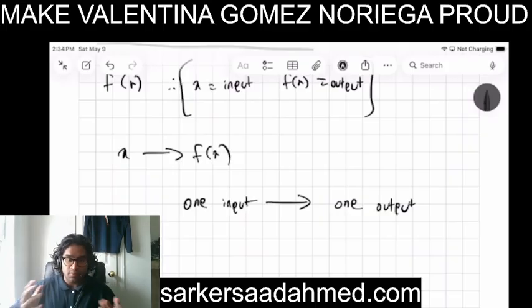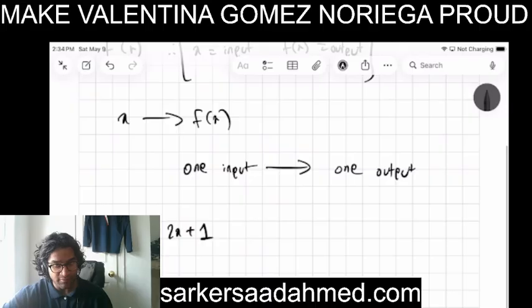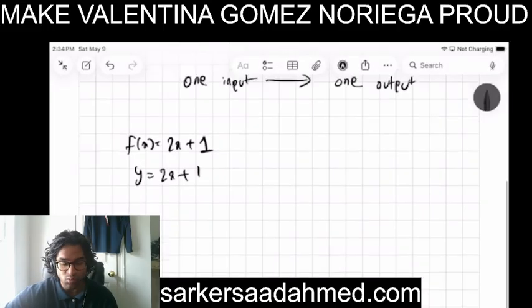For example, if you write f of x equals 2x plus 1, and if you write y equals 2x plus 1, they're the same thing. f of x typically denotes y.